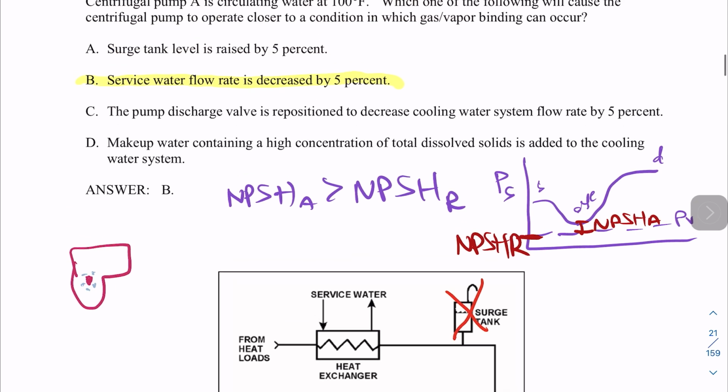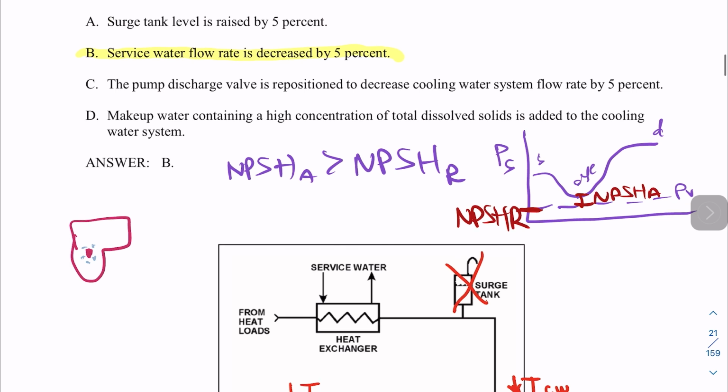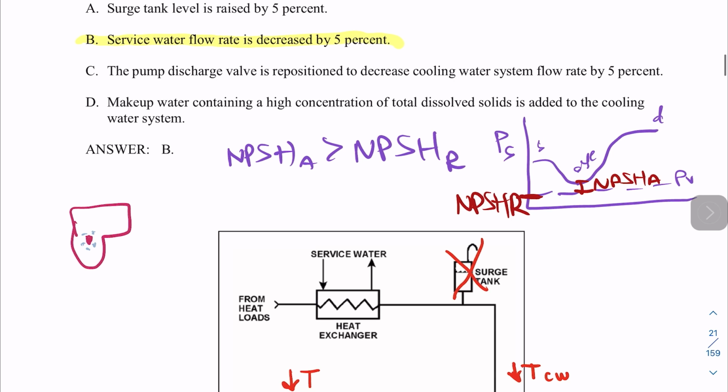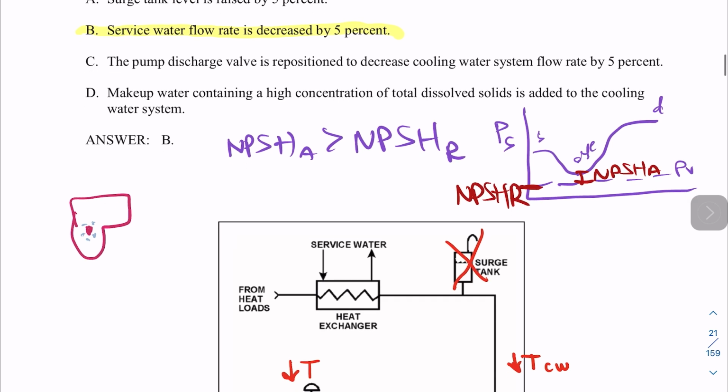So it's giving us different options that we need to analyze. It's telling us that the storage tank level is raised by 5%. So here, the storage tank is raised by 5%. Since this one is raised, remember that we talked about it. We have a tank, and the net positive suction head available.